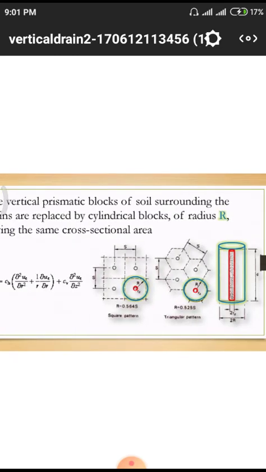This green symbol represents the periphery of the particular vertical drain hole. If the drain hole is limited to those peripheries, that means the green symbol is visible on the top direction. At the center of the green symbol we are having a red circle.